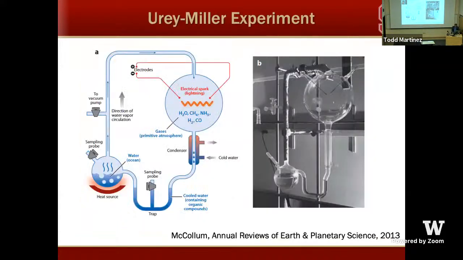And the Urey-Miller experiment was an experiment that was intended to try to figure that out, where they put water and methane and ammonia and H2 and carbon monoxide into a beaker, and then basically just put this in reflux, and they have a little lightning simulator that was going to basically do arc discharge inside here, and this would just run around being heated up here, cooled off, and then they would look in the trap and see what they found, right?